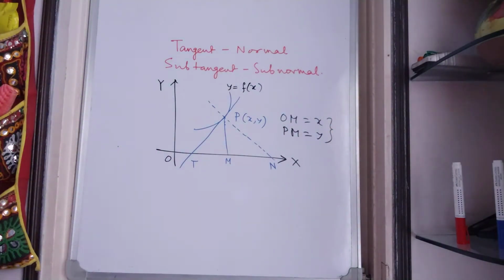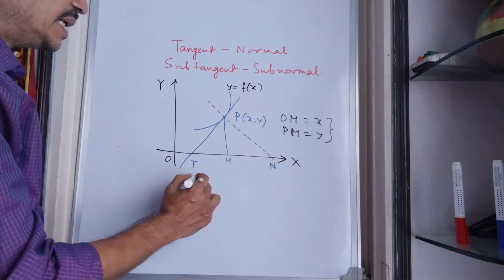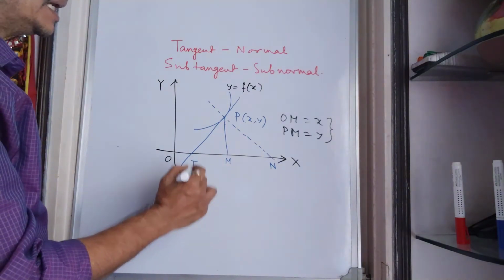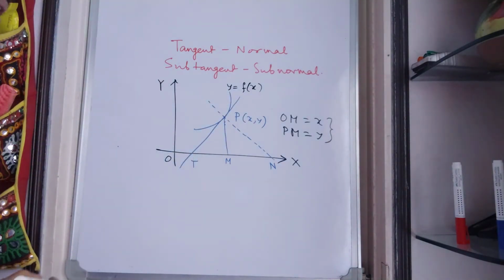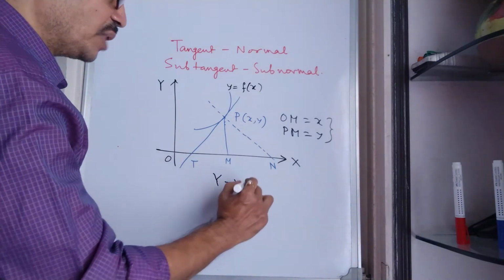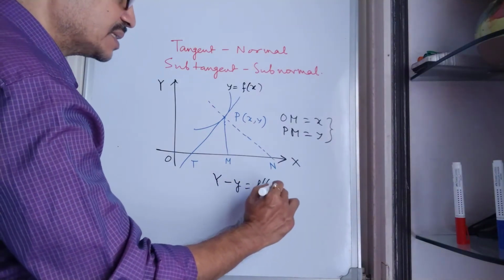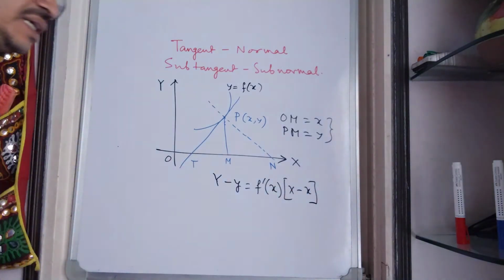Now, what is the equation of this tangent? The equation of this tangent may be written in terms of the current coordinates capital X and capital Y of the straight line as Y minus small y is equal to f prime x into capital X minus small x.